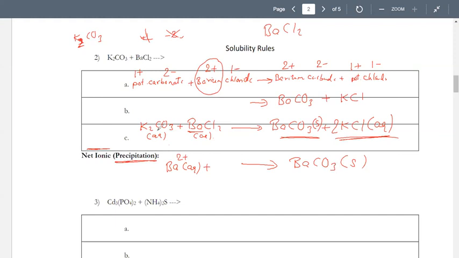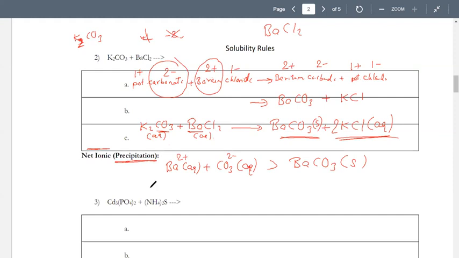We get carbonate from here. What is the charge for carbonate? It comes from here, and it is -2. So carbonate with -2. So this is going to be your net ionic equation.